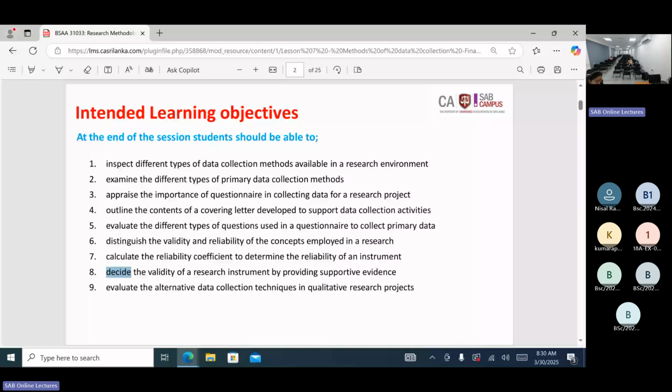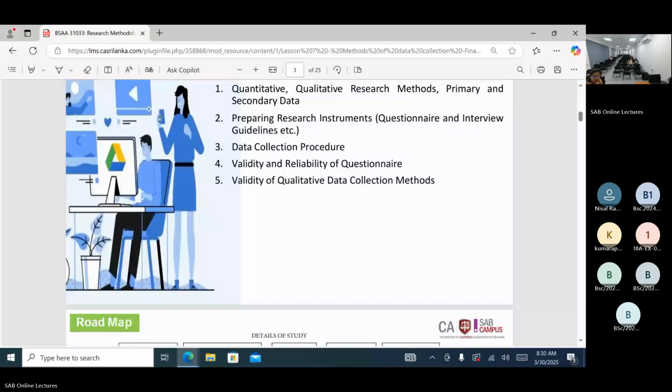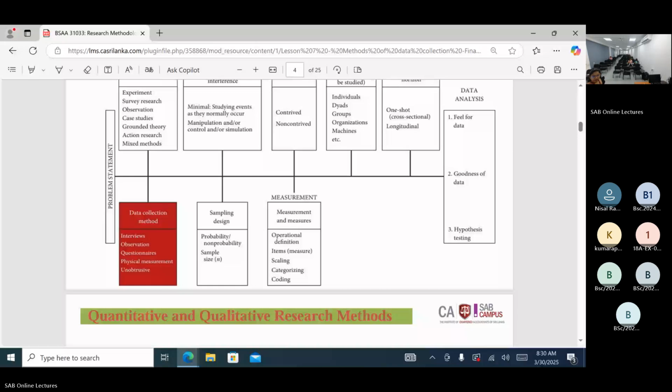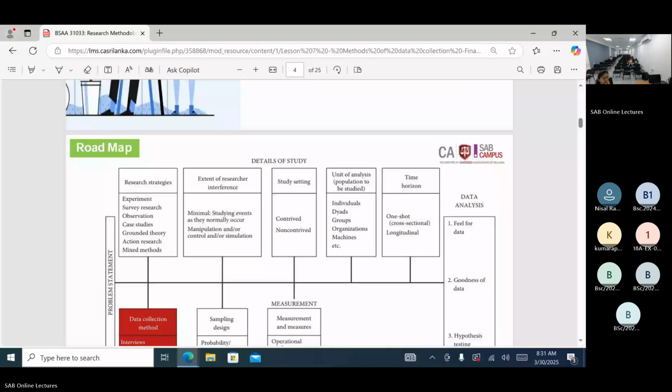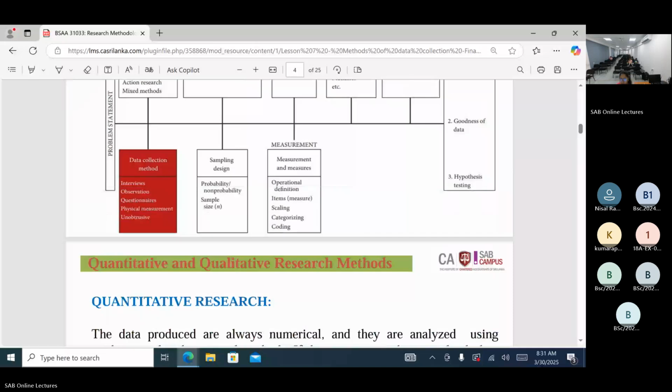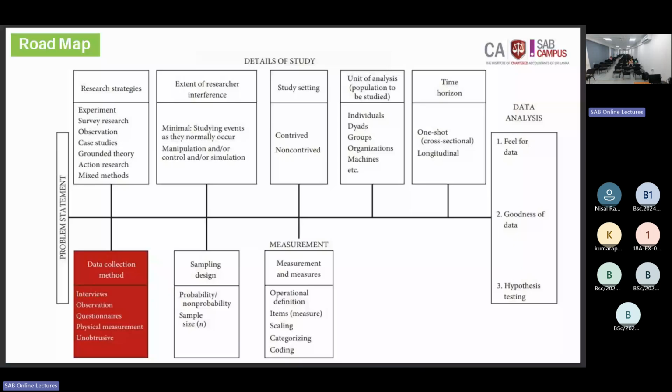The objectives are mentioned here. Actually, what we are going to discuss. Okay, so this is where we are.